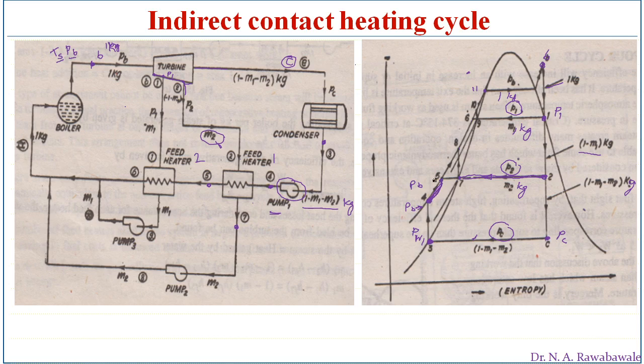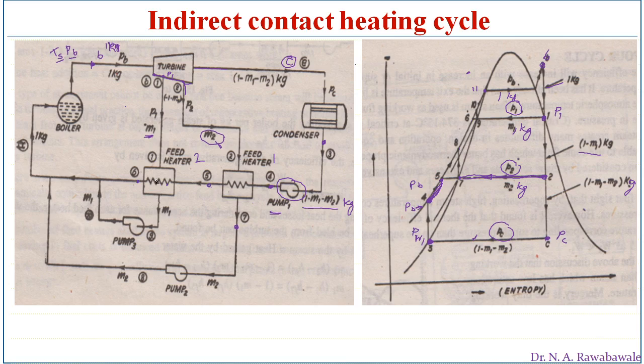So after that, this condensate enters into the second feed heater. When it enters into the second feed heater, again m1 kg of steam enters. M1 kg of steam gives its heat to the 1 minus m1 minus m2 kg of condensate, and again it increases its enthalpy from point 5 to 6.